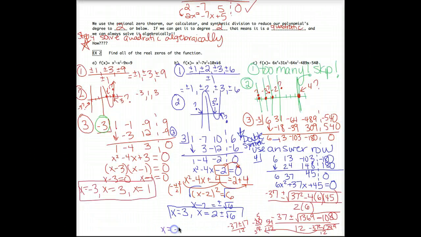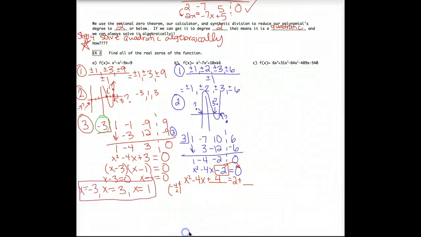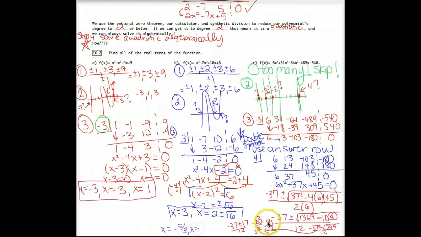So x equals -5/3. x equals the 54 and the 12, both divisible by 6. This gives you 9, and this gives you 2. So -9 over 2. And then the 2 that I did with synthetic division, the 4 and the -3. So x equals 4, x equals -3.